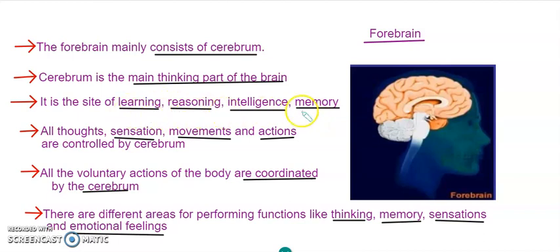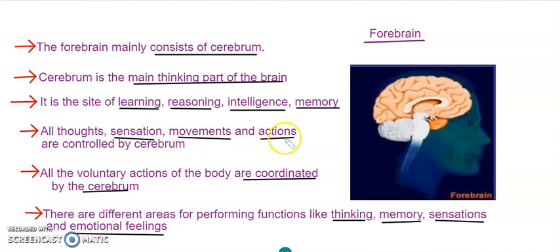All these are related to the cerebrum. Sensations like vomiting or feeling nauseated or feeling excited, or when you see a picture of some food and your mouth starts watering. These are all sensations. Movement like walking, lifting your legs, lifting your hands, lifting your head, actions, right?